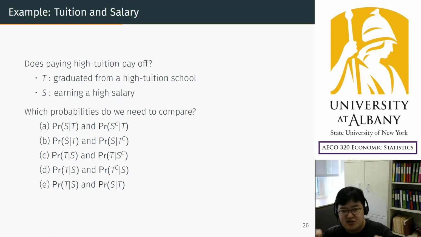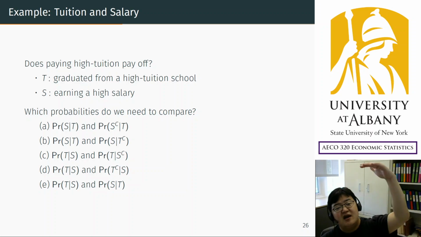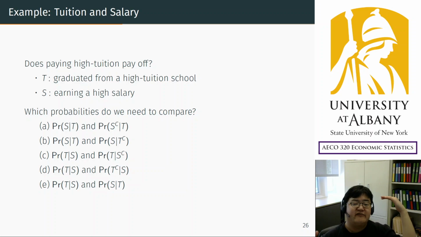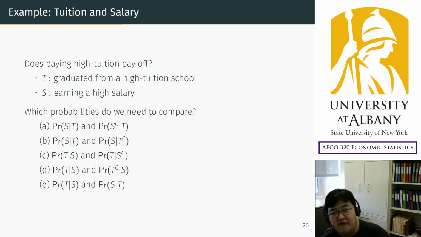And for each group, we'd like to see how many of them receive high salary. So the probability of high salary may be different across these two tuition groups. So that's what we are going to compare.